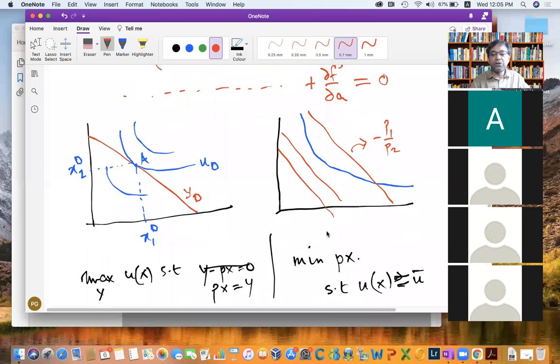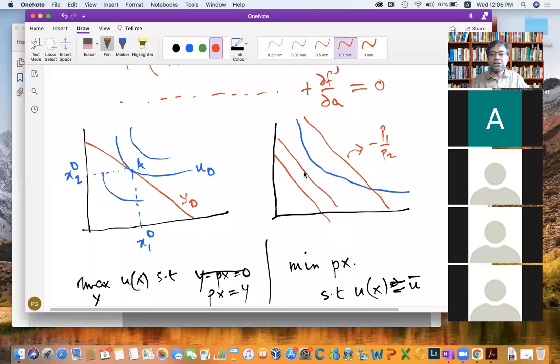So in this problem, we are trying to reach the lowest isocost line without moving away from this indifference curve, right? So we have to stay on the indifference curve, but we want to choose a point on the indifference curve which lies on the lowest isocost line. And the same logic as before tells us that, if I choose a point like this on the isocost line, then I can easily move to a point like this, and that will lie on a lower isocost line.